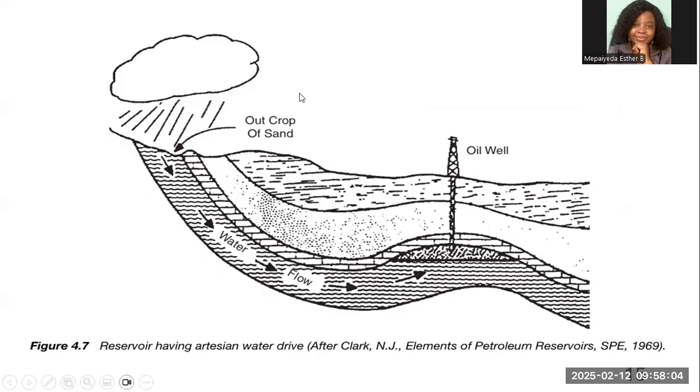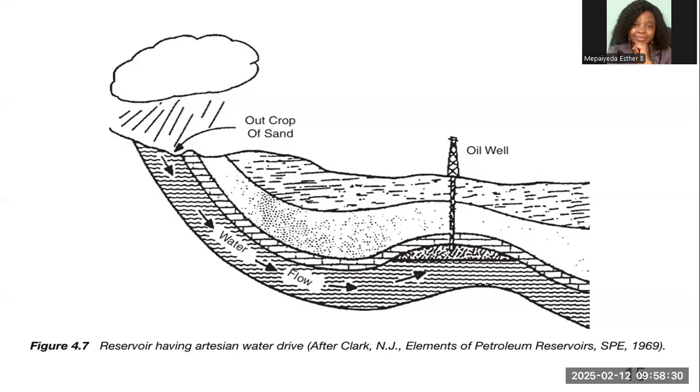And you can also have the artesian water drive. You can have water drive as a natural water drive or an artificial water drive. In this case, it can also be considered natural because there is an outcrop, and from this outcrop connecting to your reservoir, there is flow of water from the surface.